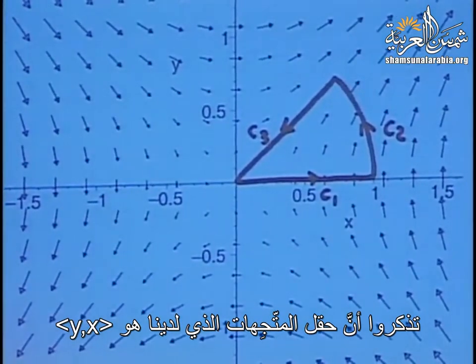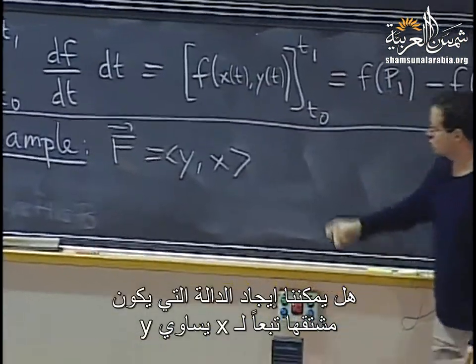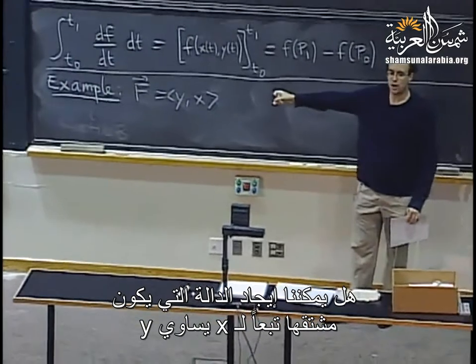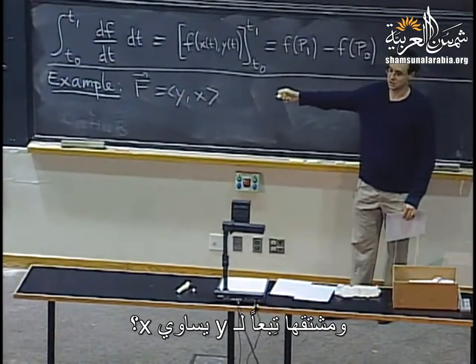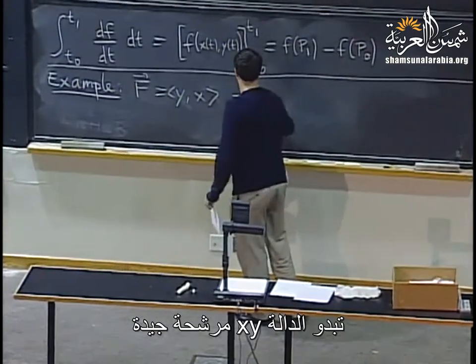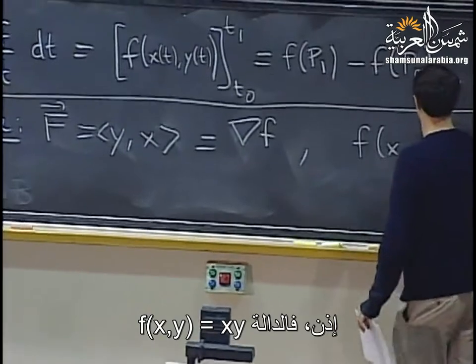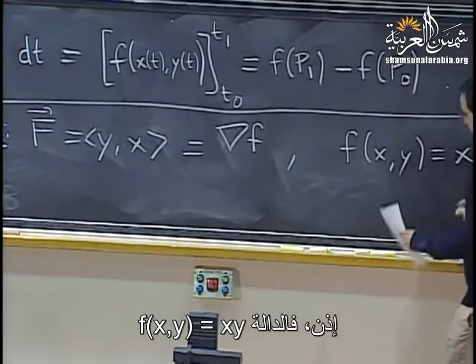So remember, our vector field was y, comma x. Can we think of a function whose derivative with respect to x is y, and derivative with respect to y is x? Yeah, x times y sounds like a good candidate, where f of x, y is xy.